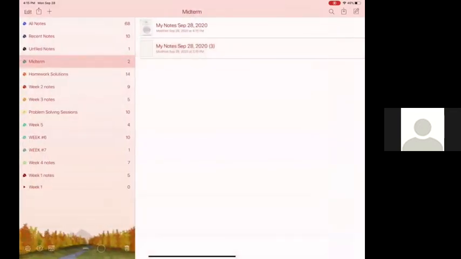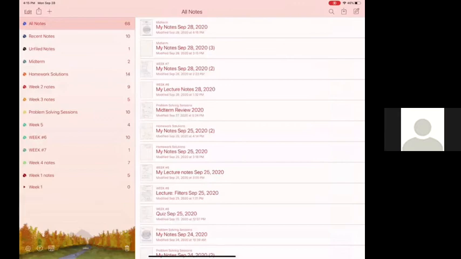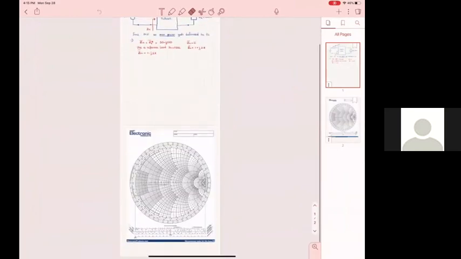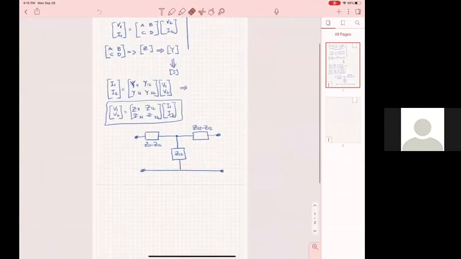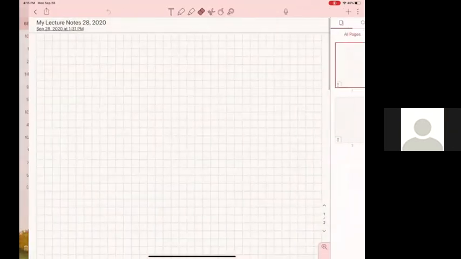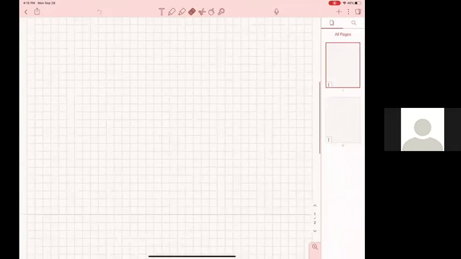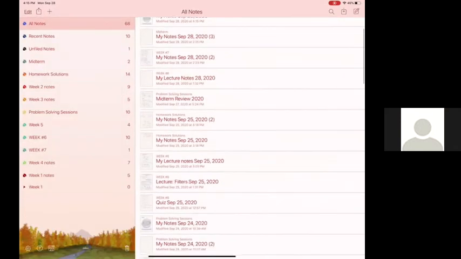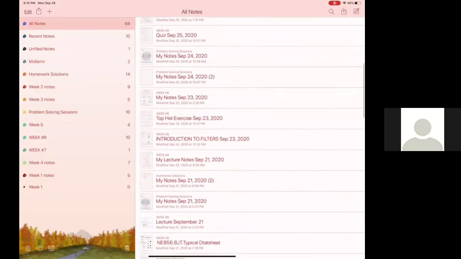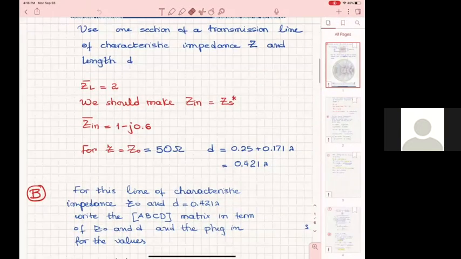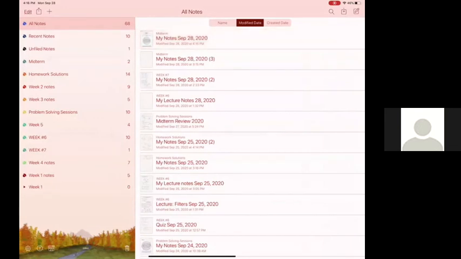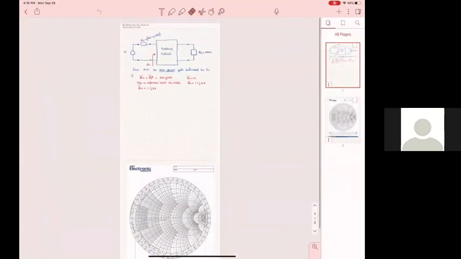Where did I go? Okay, too many notes for today, just a second. Did I erase my notes from today? No, these are the notes I had prepared and are there.